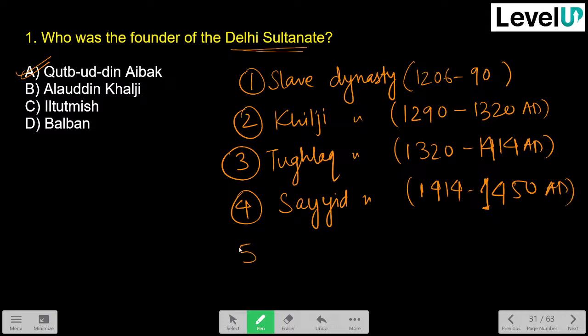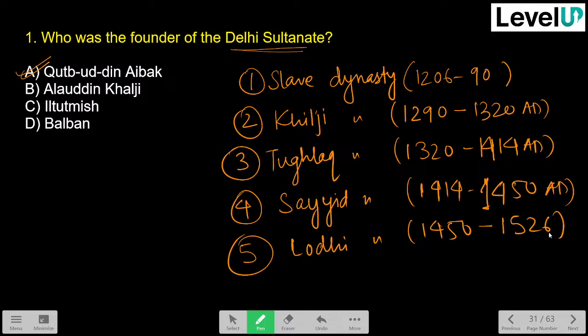And the last dynasty was the Lodhi dynasty, from 1450, or you can say 1451, to 1526, till the first battle of Panipat. So the Delhi Sultanate had five different dynasties from 1206 to 1526. That was the time period.